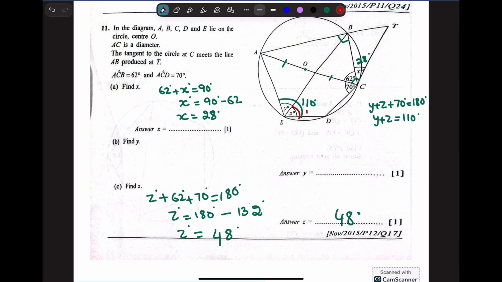If this is 48, all we have to do is subtract 48 from 110 to find angle Y, which is going to be 62 degrees. All right, so angle Y is going to be 62. Angle Z is going to be 48.